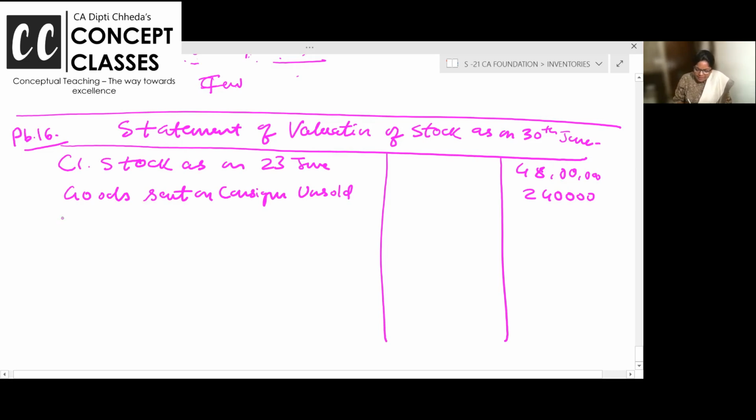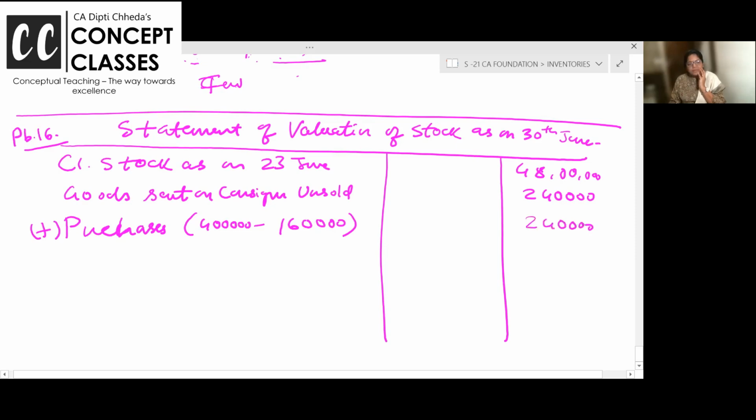So some purchases were made between this date, it's a part. So add purchases 4 lakh, out of which 160 was received on 6th of July. So how many goods are purchased between 23rd and 31st? Only 2,40,000. Because 160 were received on 5th of July.